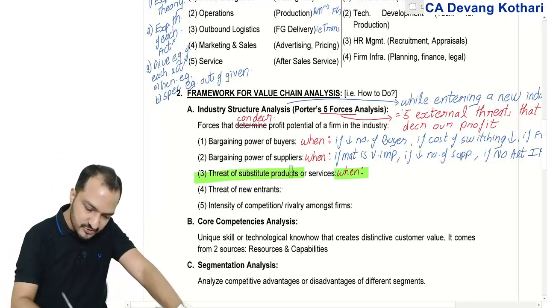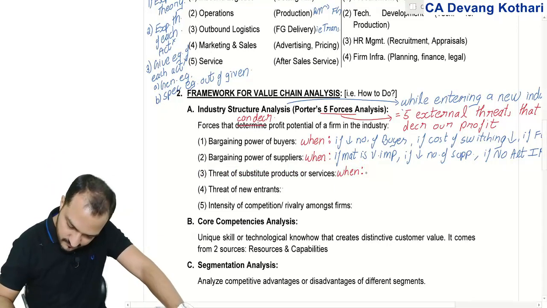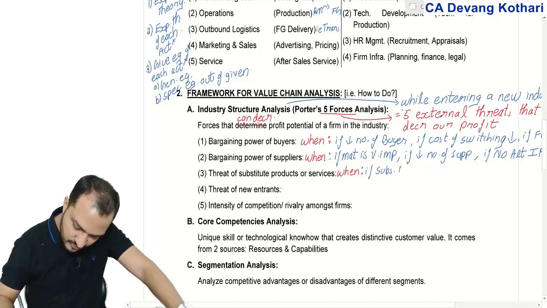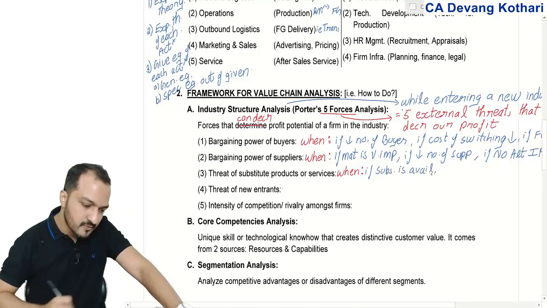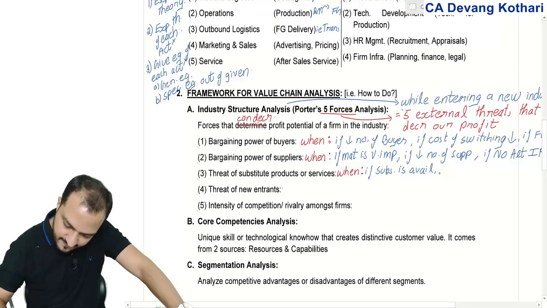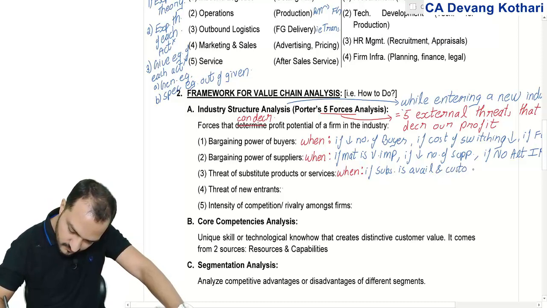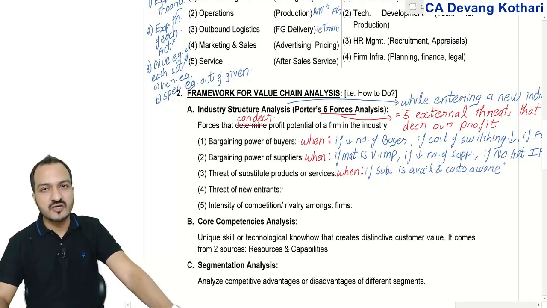Well, the threat of substitute is more if substitutes are available and the customer is aware of it. And the customer knows that substitutes are available.